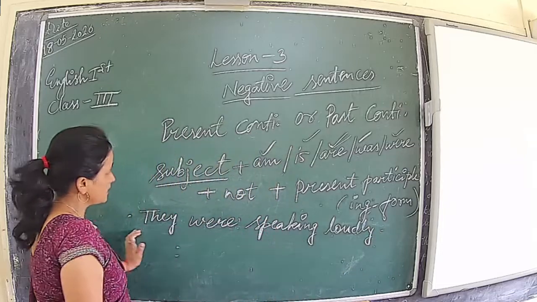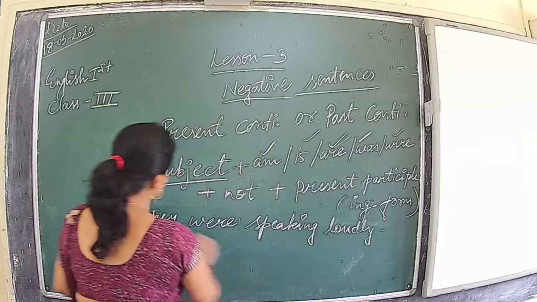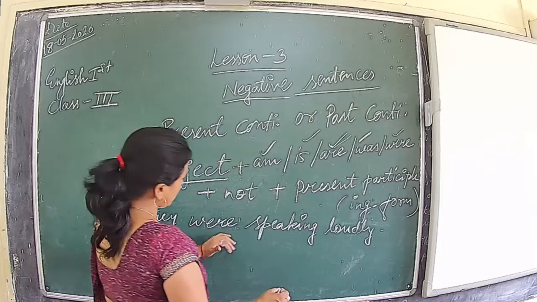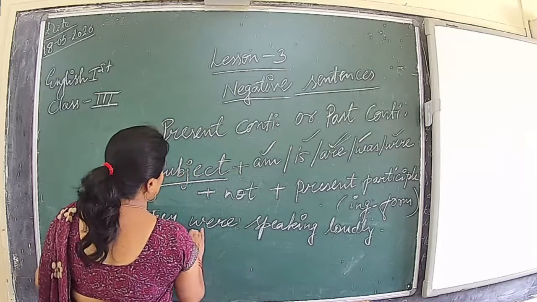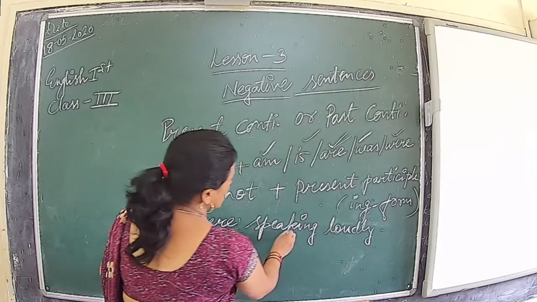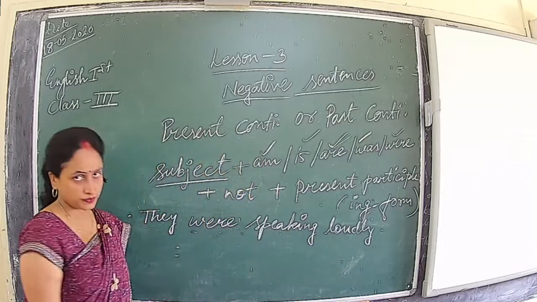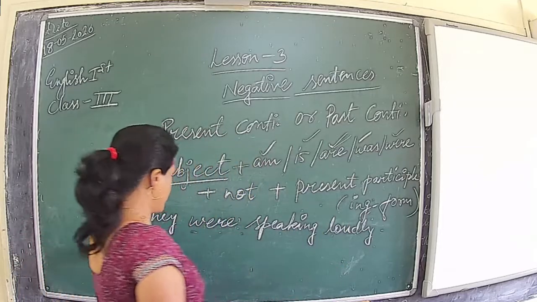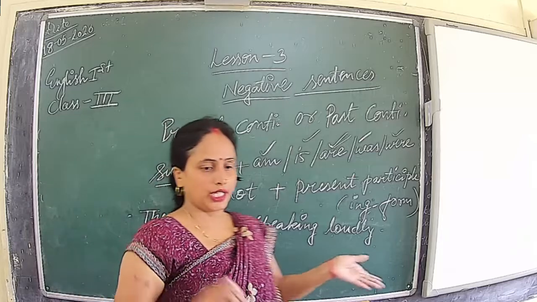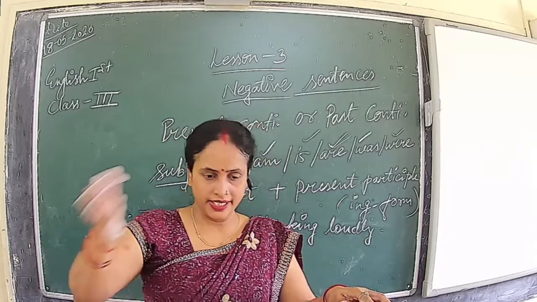Clear? They were speaking loudly. For the plurals, we are using "were" with the verb speaking loudly. Okay. Now this is which sentence? Affirmative sentence. And now we have to change it into the negative sentence.